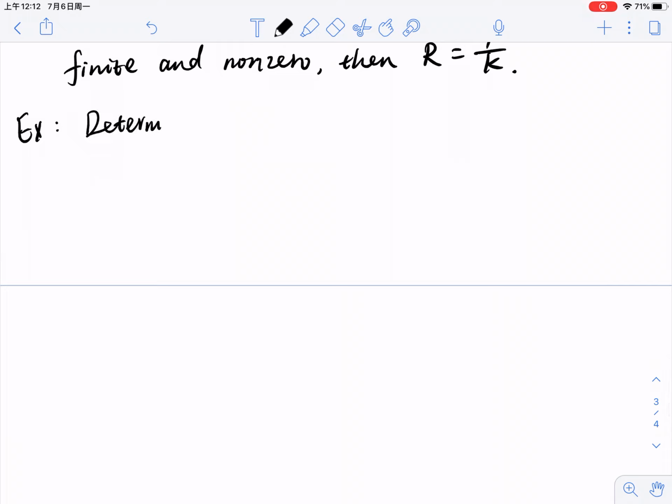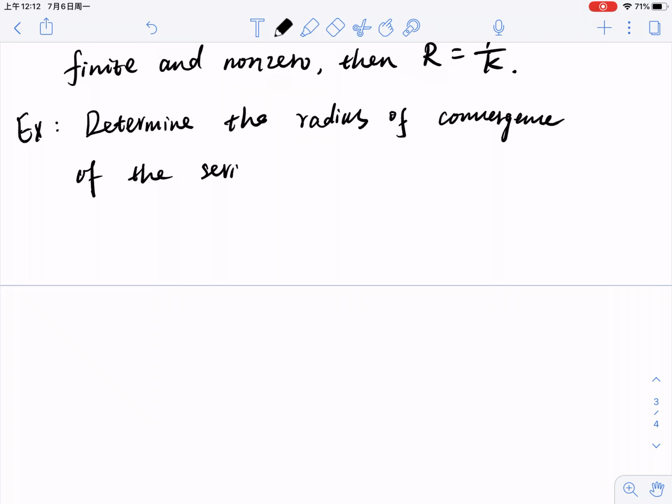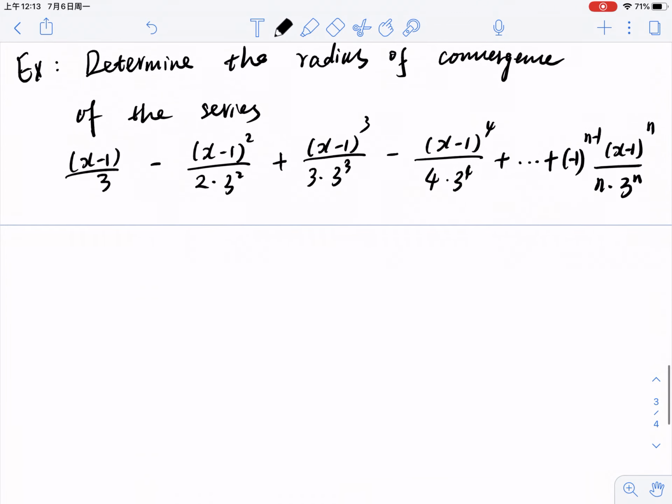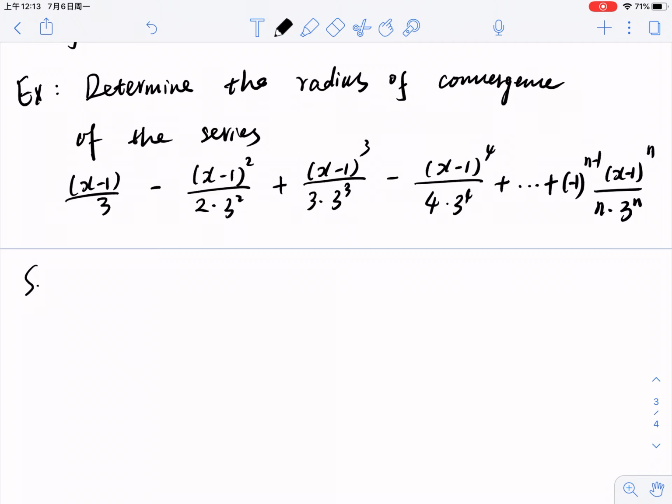Determine the radius of convergence of the series (x − 1)/3 − (x − 1)^2/(2·3^2) + ... + (−1)^{n−1}(x − 1)^n/(n·3^n).